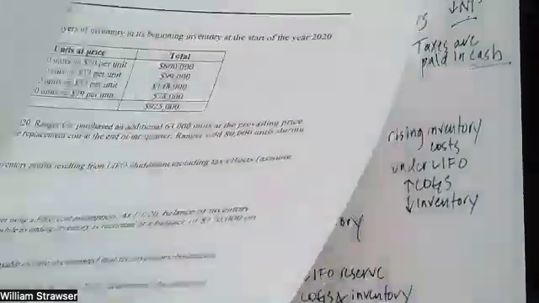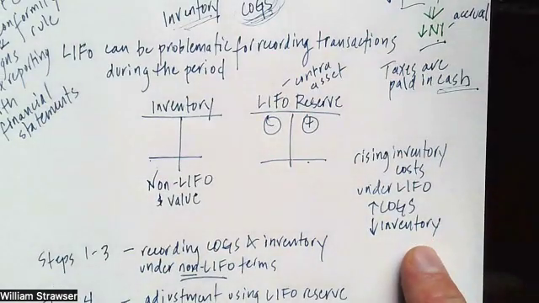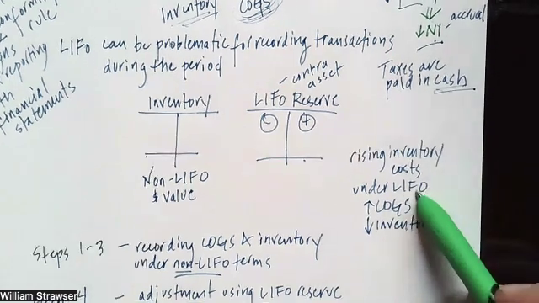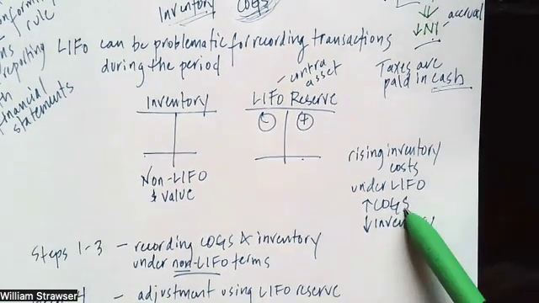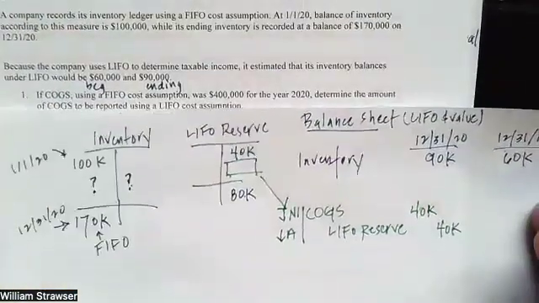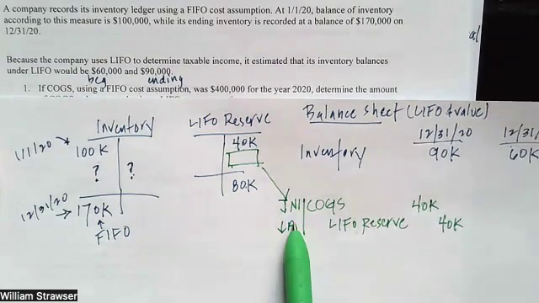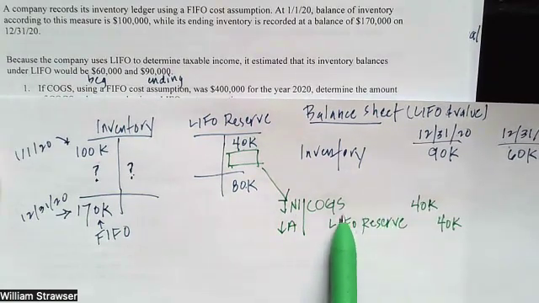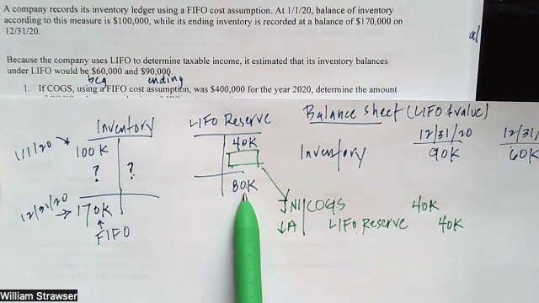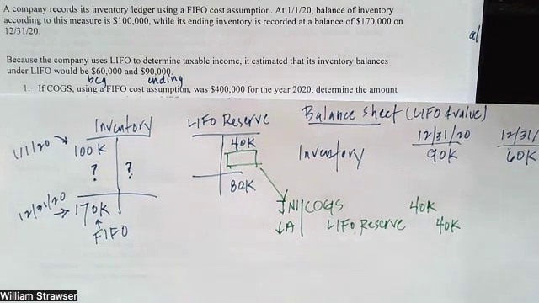Again, going back to my opening lecture, rising inventory costs under LIFO increase cost of goods sold and reduce inventory. And that's exactly what this adjustment is doing. It's increasing cost of goods sold, reducing my net income, and increasing the LIFO reserve, which, as this number goes up, being a contra asset, reduces my inventory asset further.